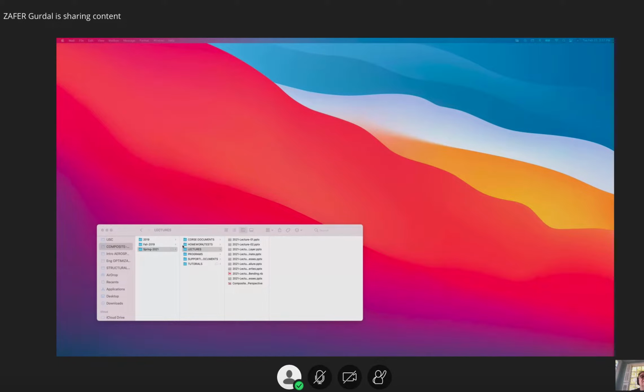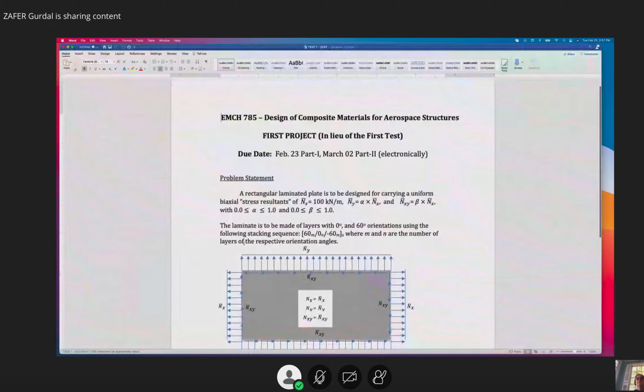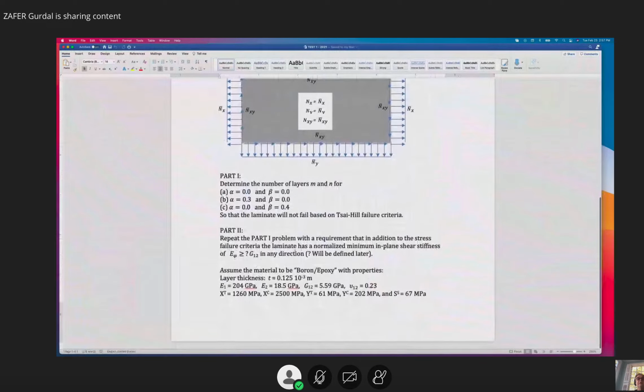Let me open the file and look at the numbers myself, and we can start making the changes. All right, so let's see. This is 200 gigapascals.